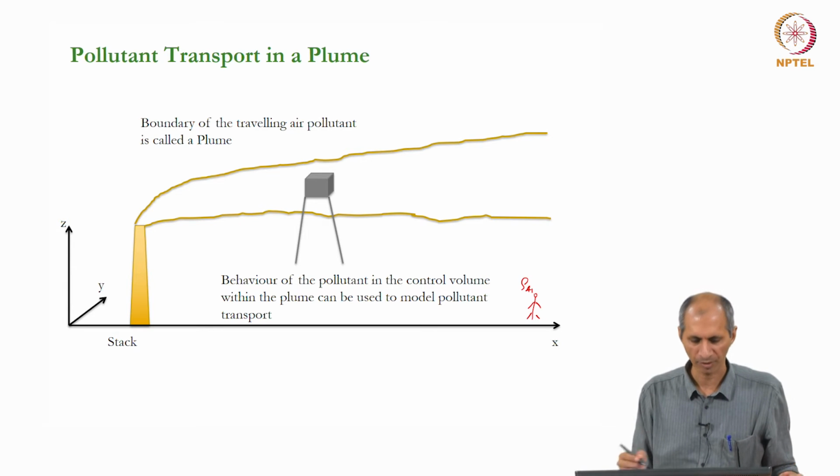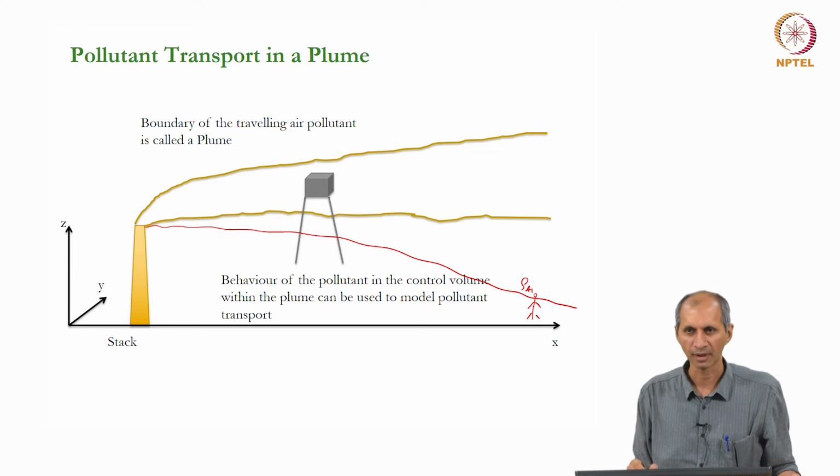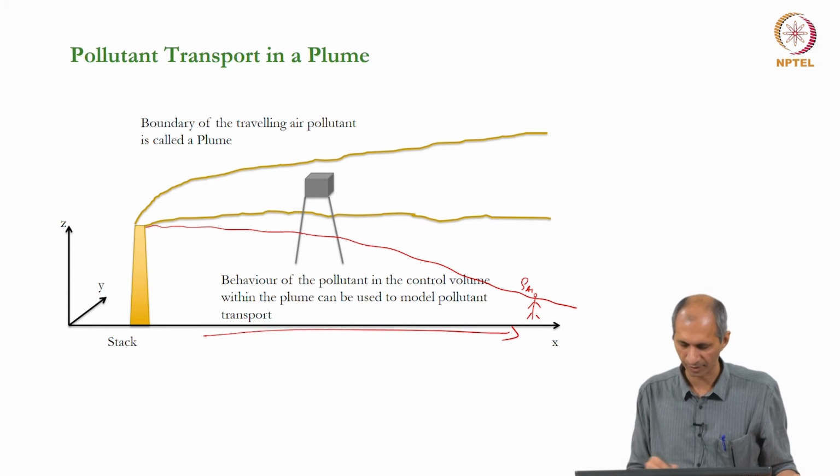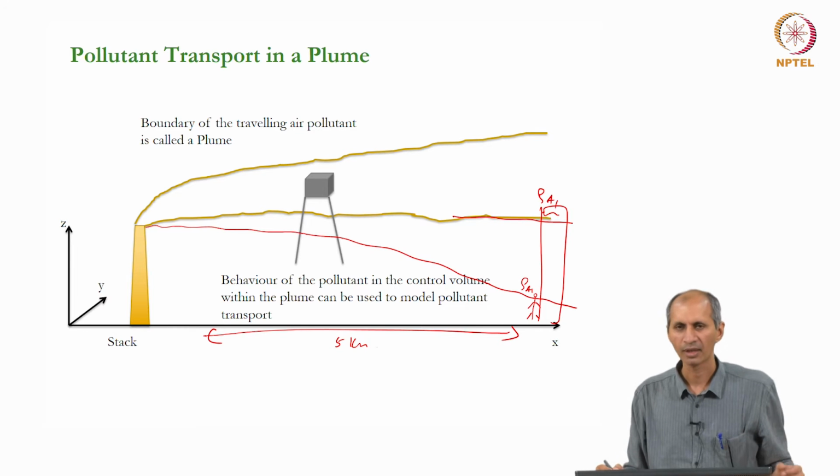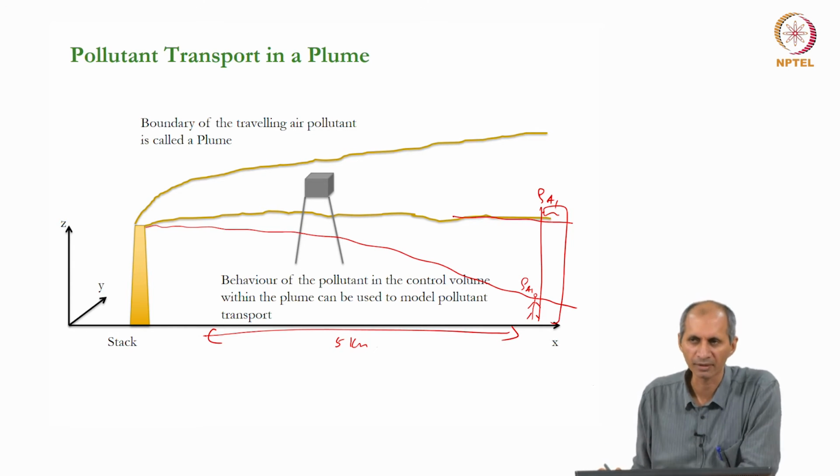I would like to know if this plume is going to travel to this person standing at a distance of 5 kilometers or so. Or if there is a building here and somebody is living in this building, the plume is going to intersect it, and what is going to be the concentration there. These are the things we are interested in calculating.